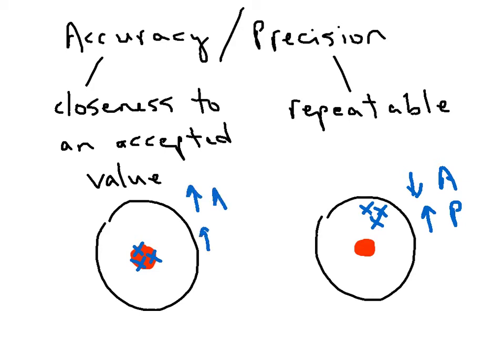Now obviously, we went over other examples in class, and it is possible to have low accuracy and low precision, and it's also possible to have good accuracy and low precision.